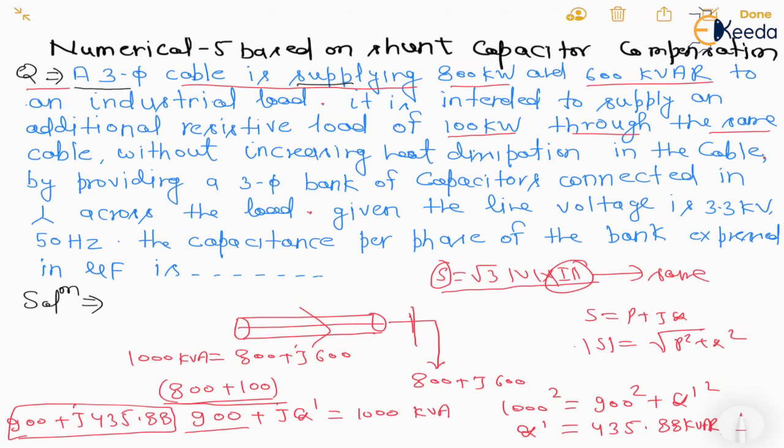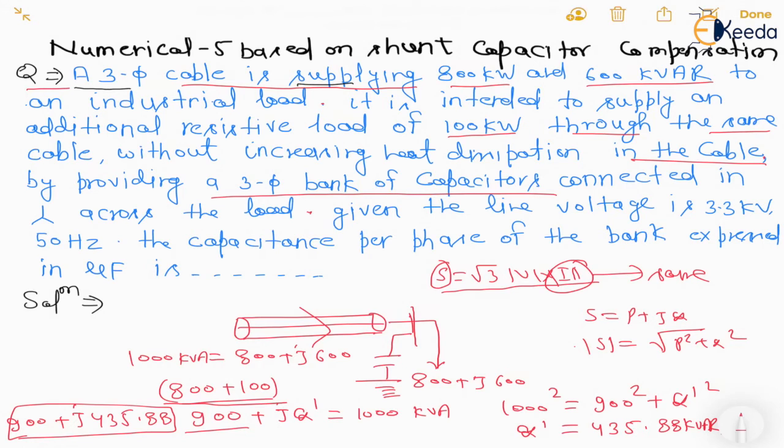One hint is also given: without increasing heat dissipation in the cable, by providing a three-phase bank of capacitors. This means the voltage will still be the same after the change of load, so we need to apply a capacitor here.